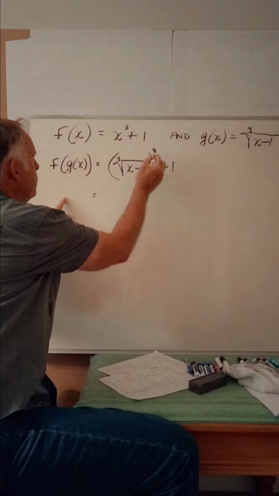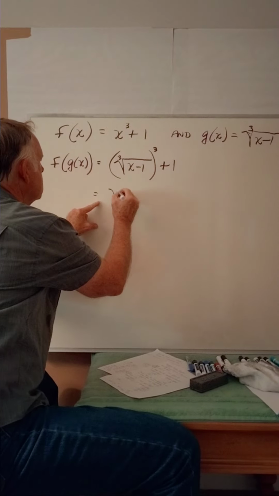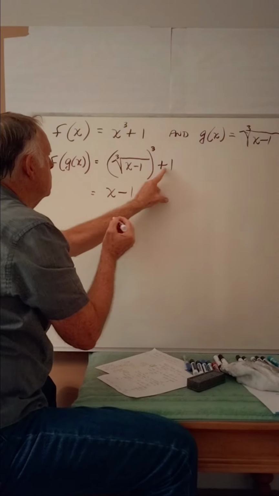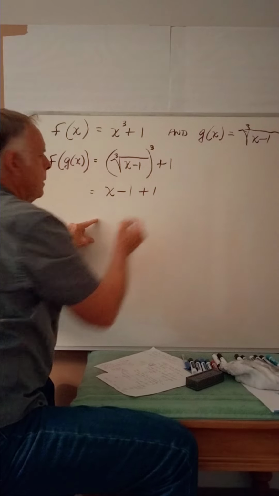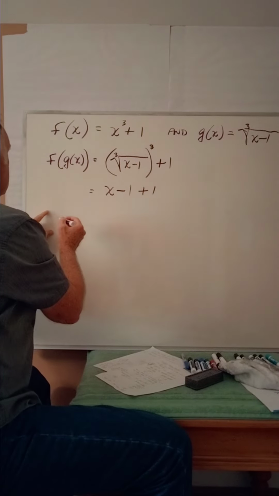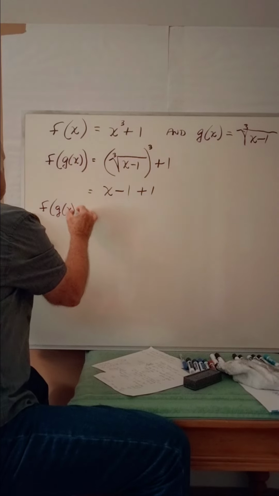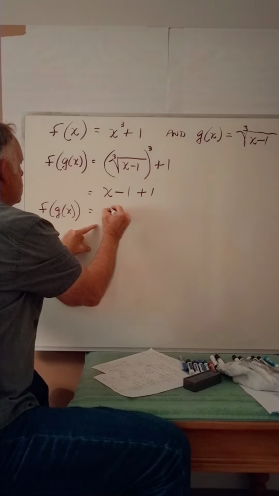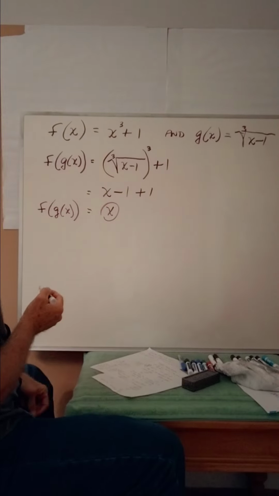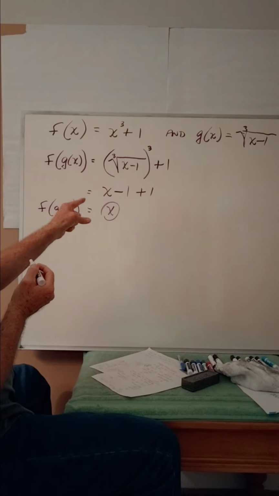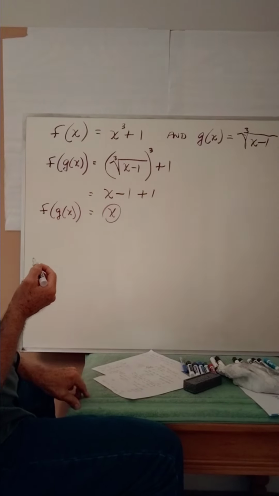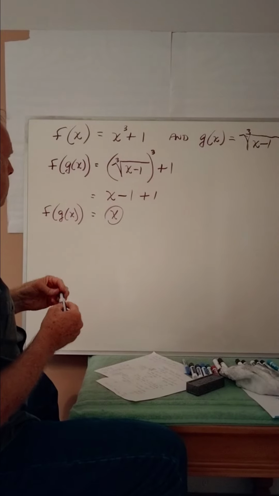So all of this right here becomes, bring down plus 1. The ones cancel. f of g of x is equal to x. That seems to be a signal that those are going to be inverse. Let's do the other.